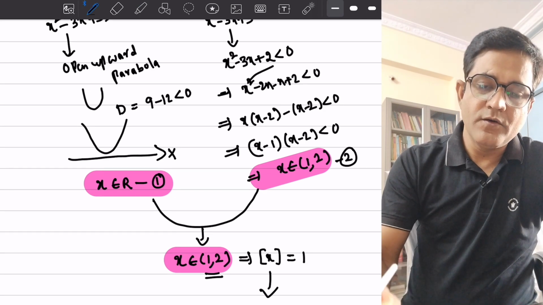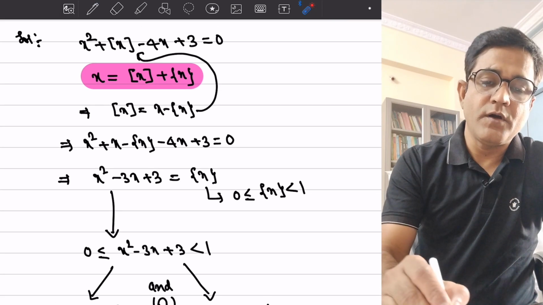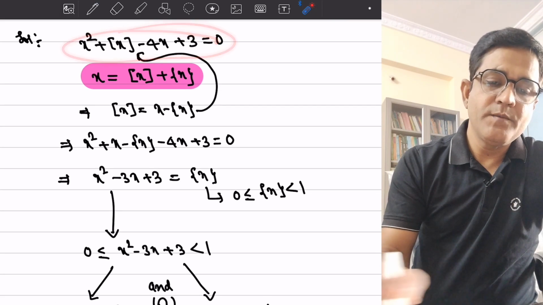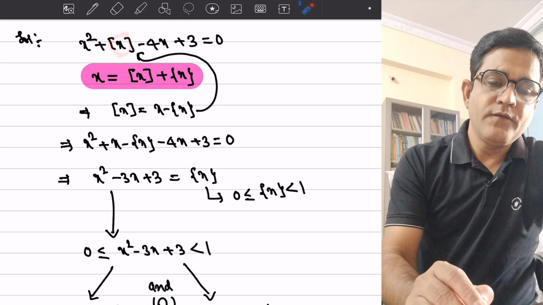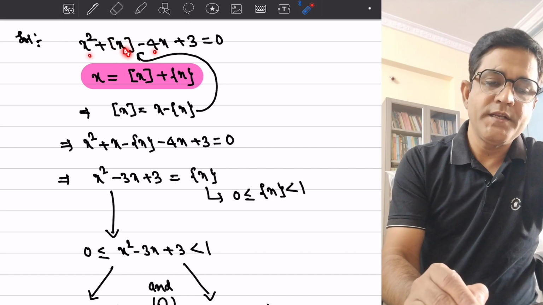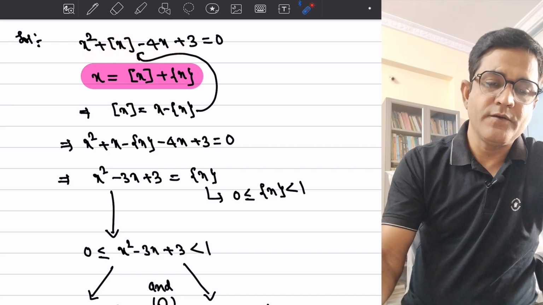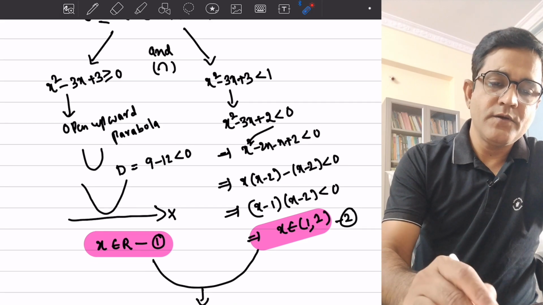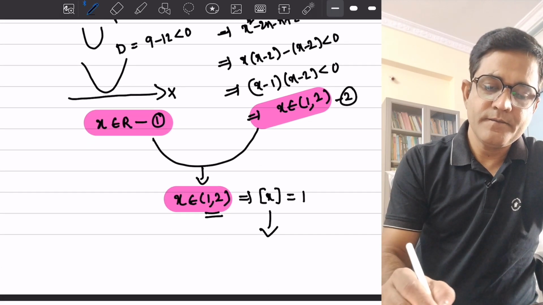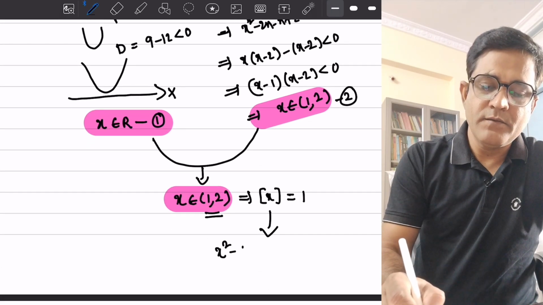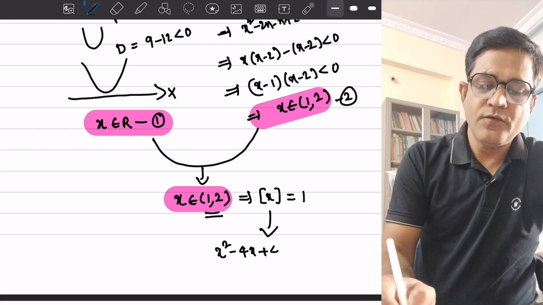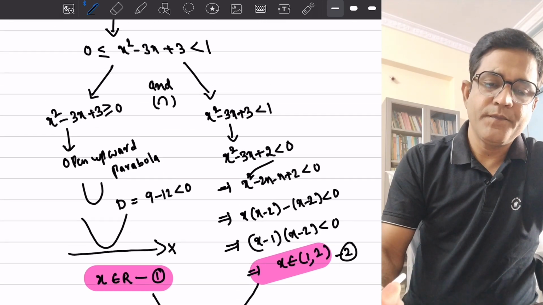Now put [x] = 1 in the given equation. If you substitute 1, it becomes x² − 4x + 4 = 0.